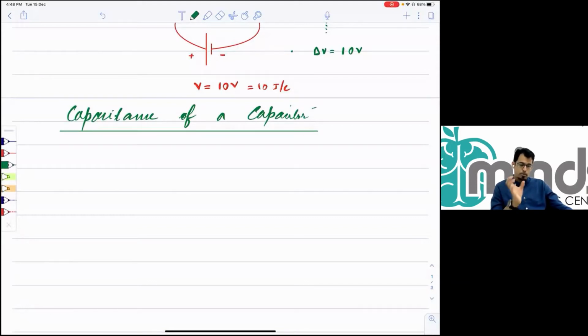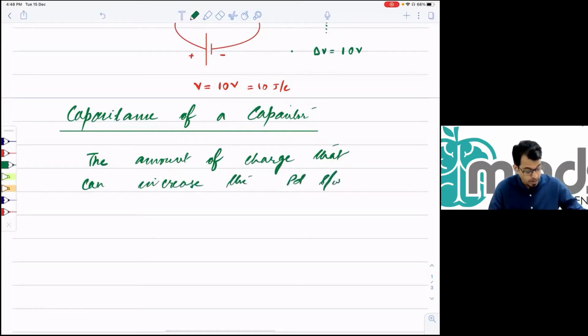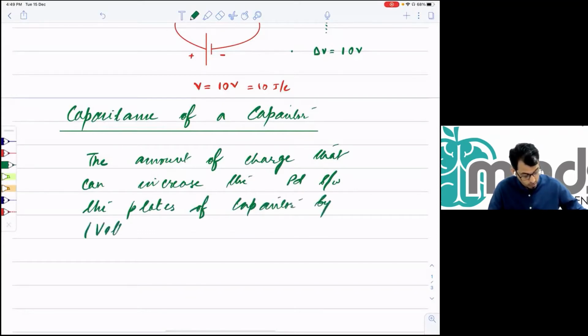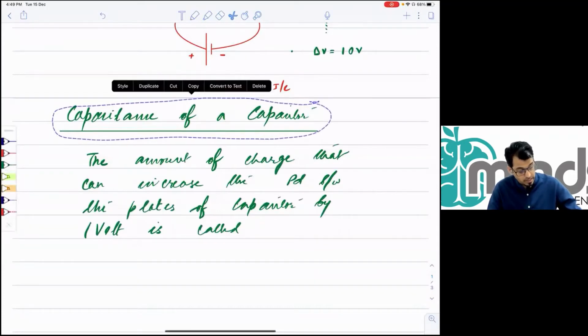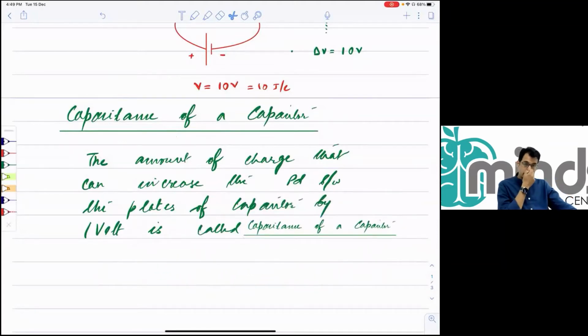So that amount of charge that can increase the potential difference between the plates of a capacitor by 1 volt is known as capacitance of the capacitor. Okay, so this is the definition of capacitance of a capacitor.